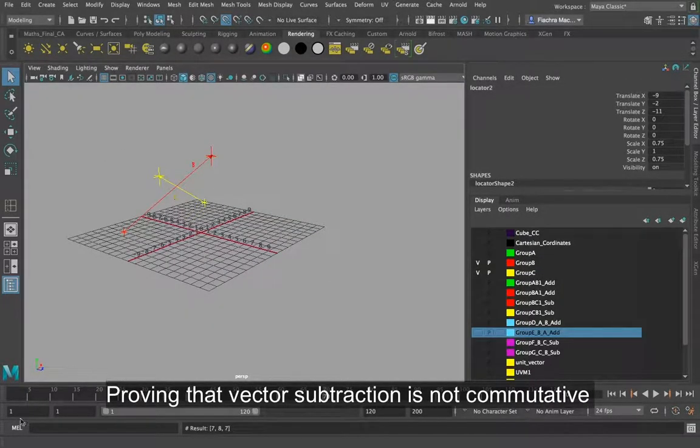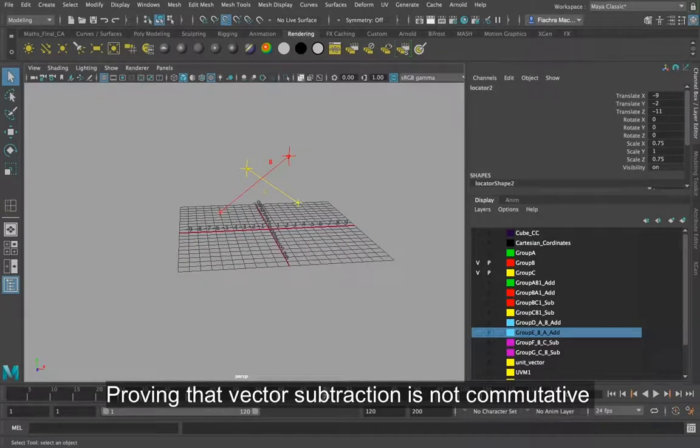Now I'm just going to show you an example of the subtraction of two vectors.